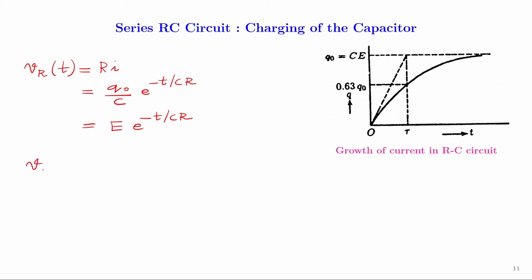The voltage drop across the capacitor similarly is given by total voltage minus drop across the resistor, and this is equal to E times 1 minus e raised to minus t over CR.